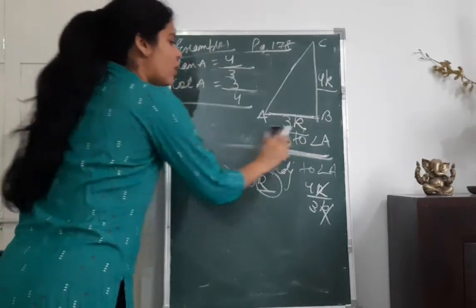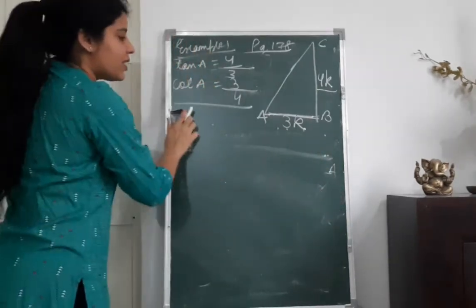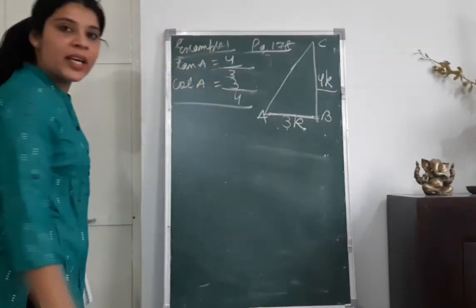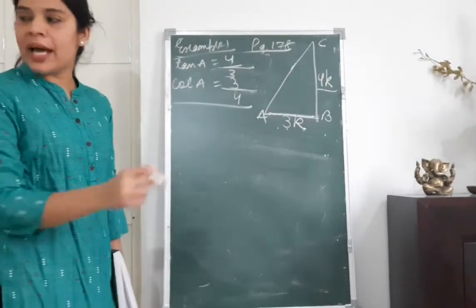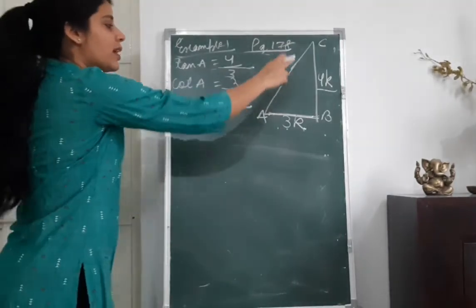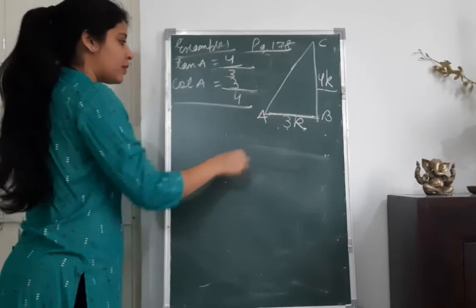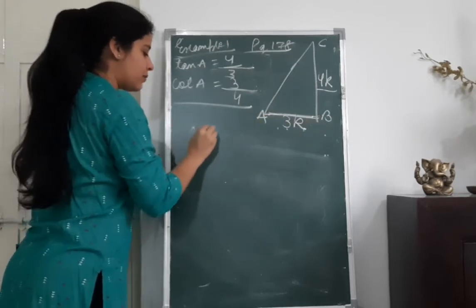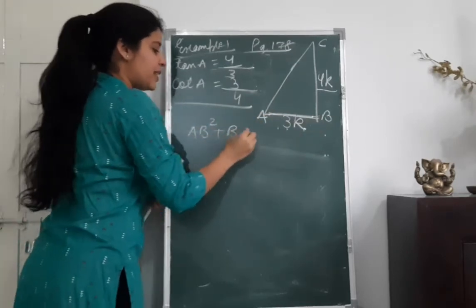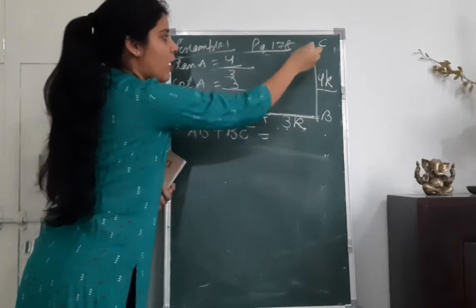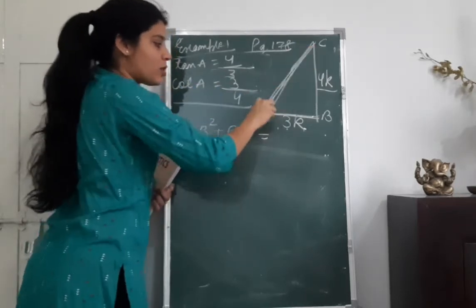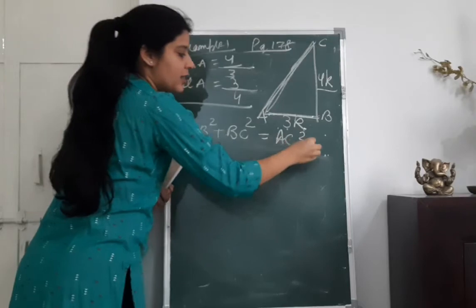So can I find out the hypotenuse for this triangle? Yes, by using Pythagoras theorem, I can find out the hypotenuse of this triangle. And what is Pythagoras theorem? AB square plus BC square will be equal to the hypotenuse whole square, that is AC square.